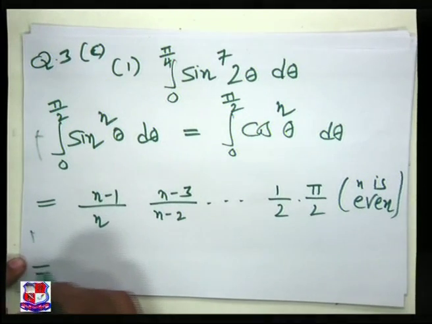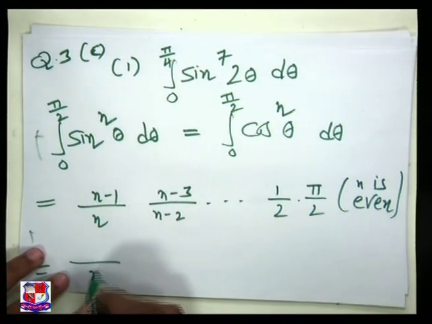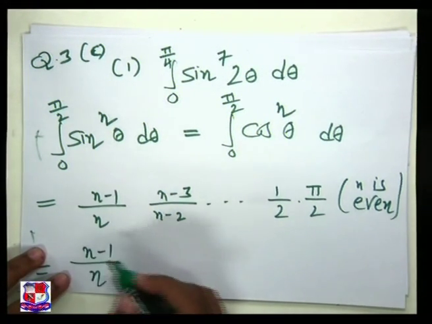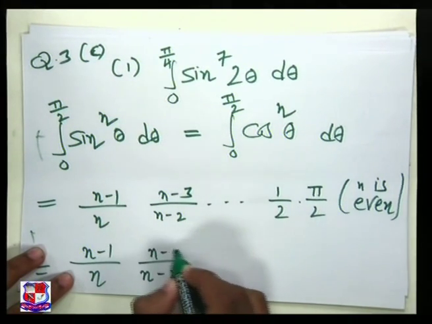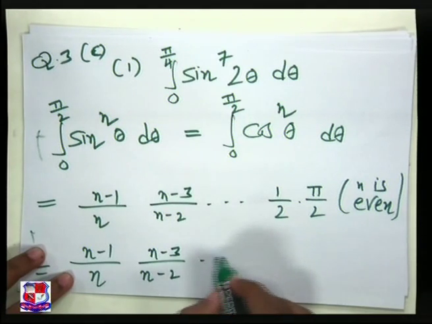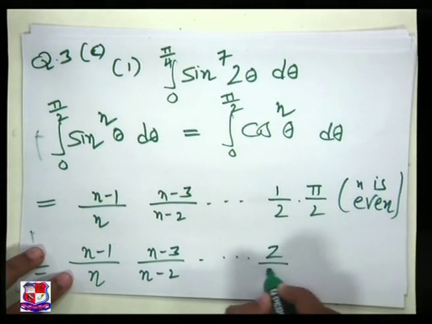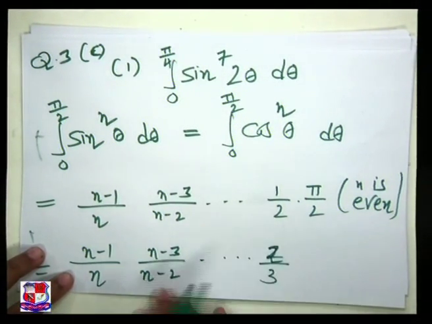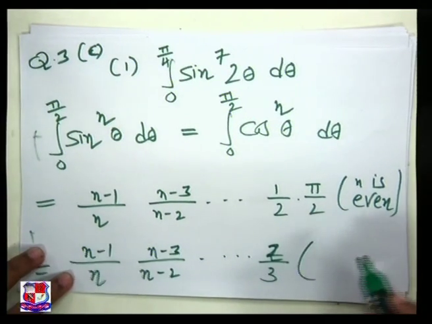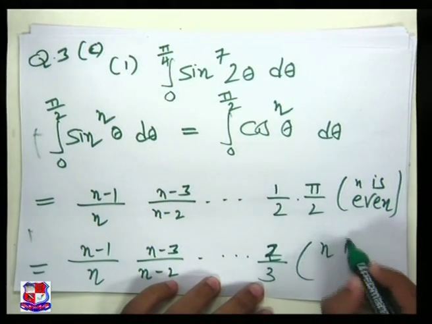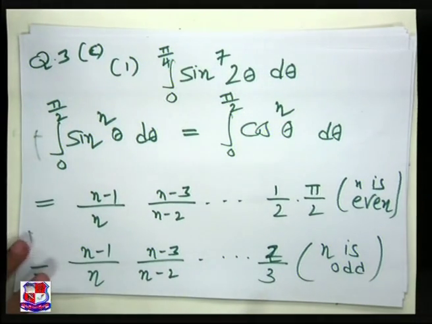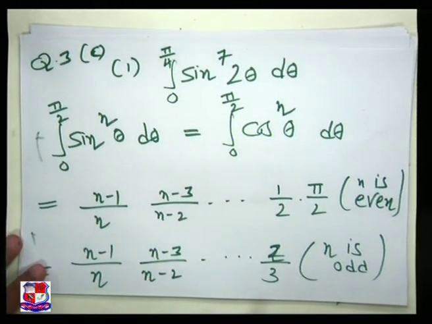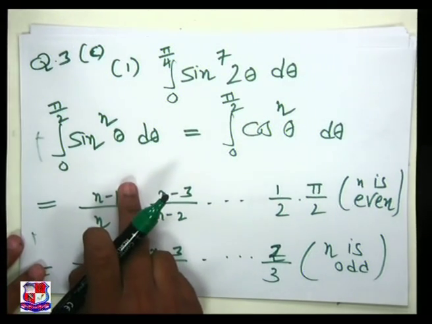And if n is an odd, then (n minus 1)(n minus 2)(n minus 3) and so on, up to 2 by 3 if n is an odd number. So we have to apply this formula.